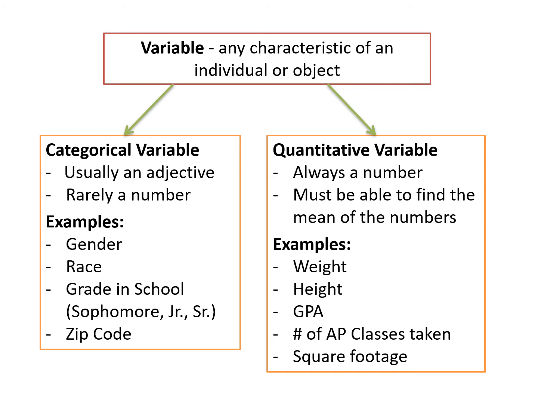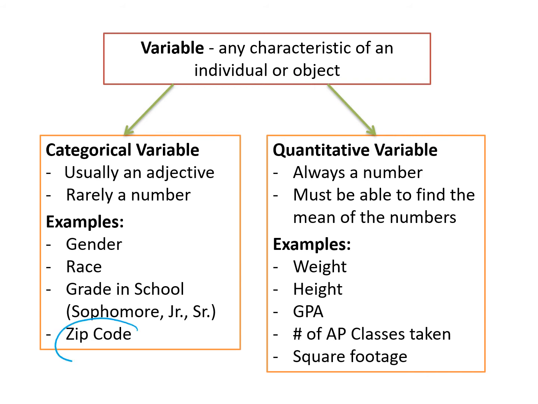The categorical variable is anything that's an adjective, things like favorite color, favorite ice cream flavor, what gender you are, what type of car you drive, things that could be thought of as an adjective, and it's rarely ever a number.